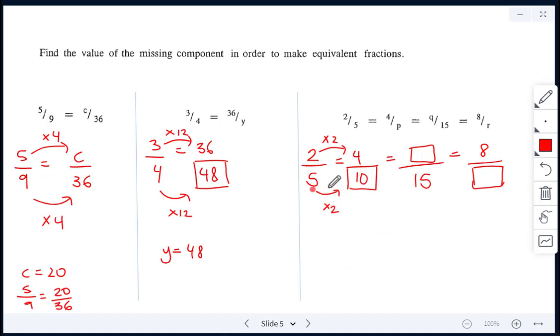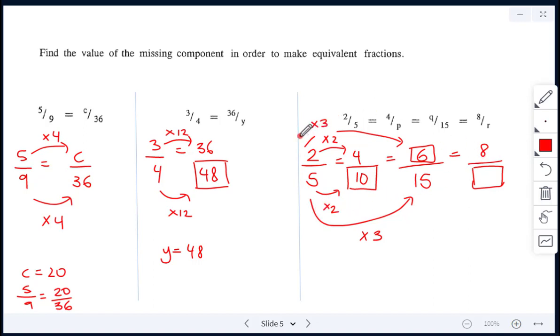All right, then we're going to use the same fraction. Start with 2/5. How do we get to 15? So 5 times 3 gives me 15. So therefore, I'm going to take the 2 and multiply by 3, which gives me 6 over 15. All right, we're going to do the same thing again. Start with the 2/5. How do we get to 8?